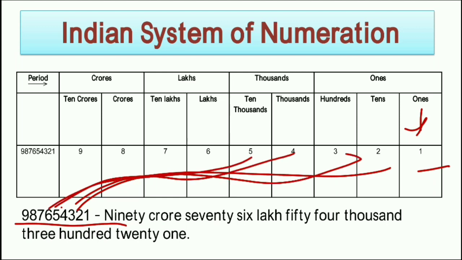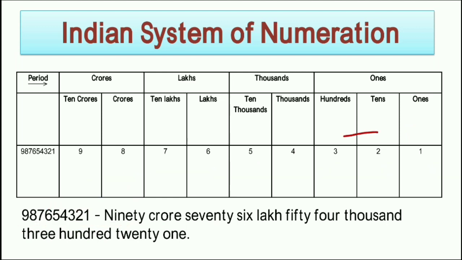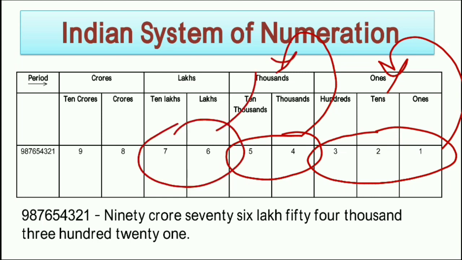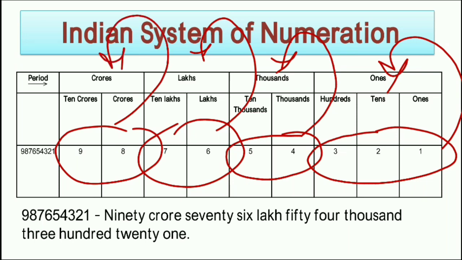Got it? These come in the ones period, these two in the thousands period, these in the lakhs period, and these in the crores period. In the ones period 3 digits come, and after that in the thousands, lakhs, and crores, two digits come.